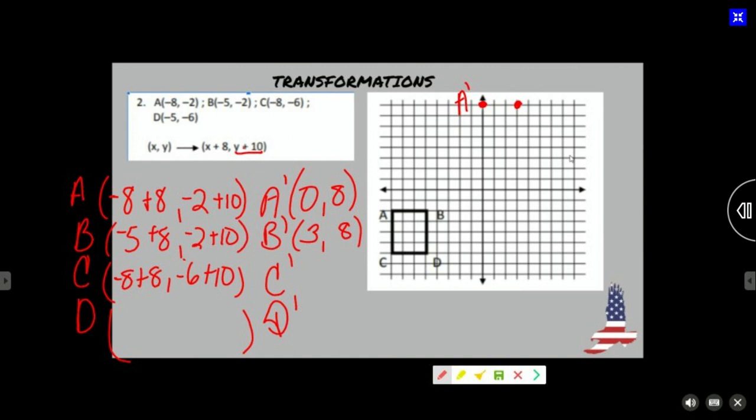Put your number in and then hit the negative symbol. All right, so what's negative 8 plus 8? And negative 6 plus 10.